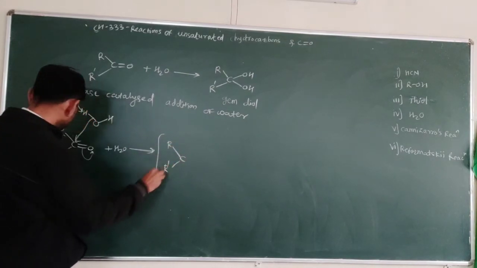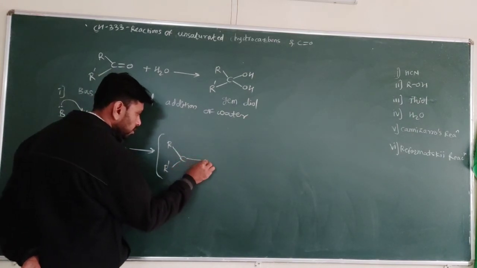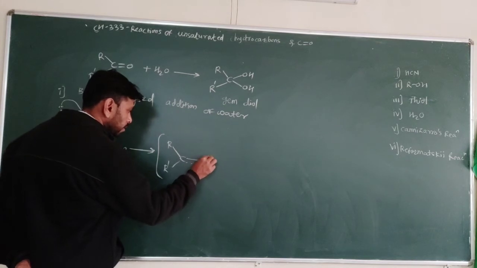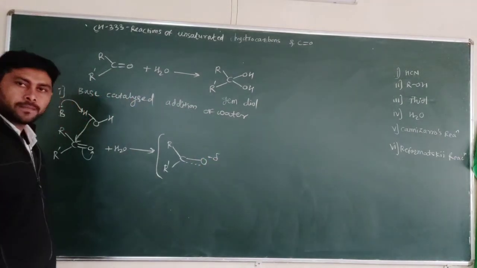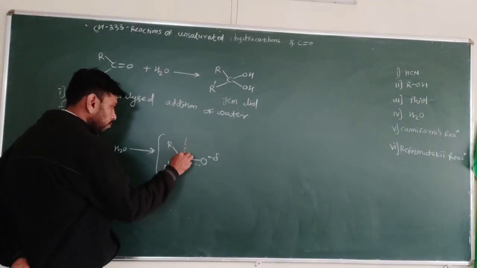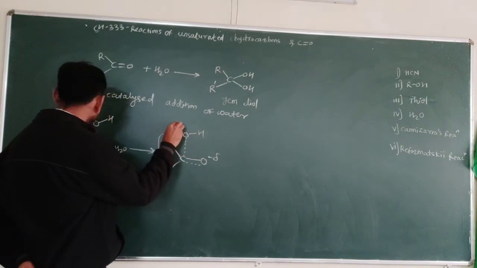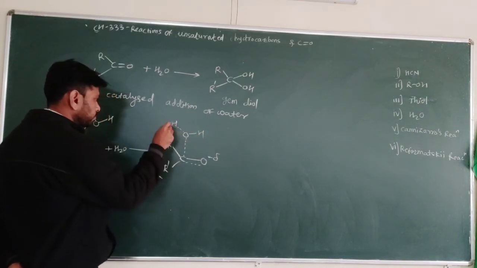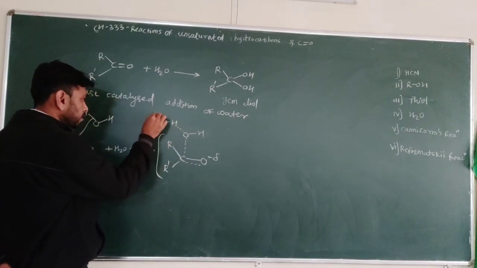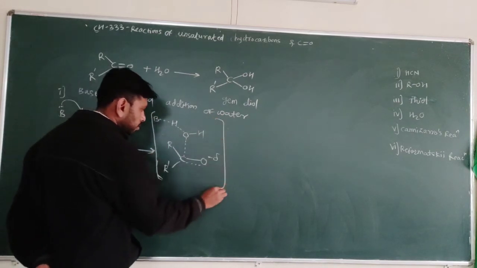R C R dash, here between carbon and oxygen, one bond is there, and another bond is undergoing breaking, so we have to show it by the dotted line. Another bond between oxygen and carbon is going to form, so OH, and this bond is undergoing breaking. Another bond between base and hydrogen is there, so we have to show this in this bracket.